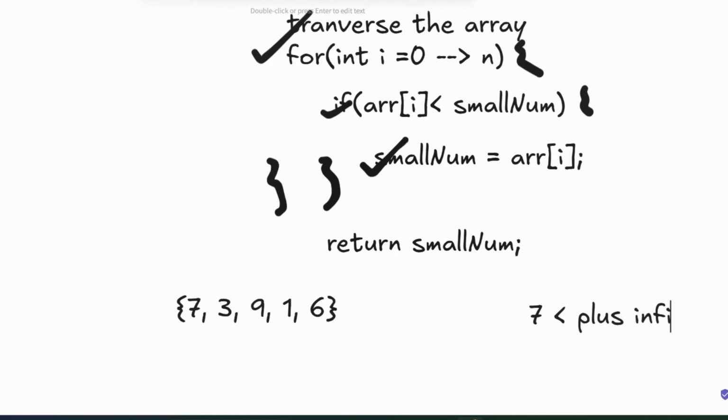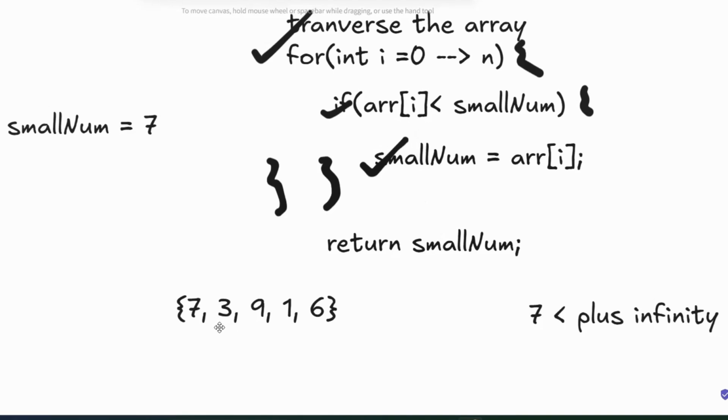So this will be compared, and obviously the answer will be true. So in the small num variable, 7 will get initialized. After that, the next element: i gets updated, and now i value is 1.